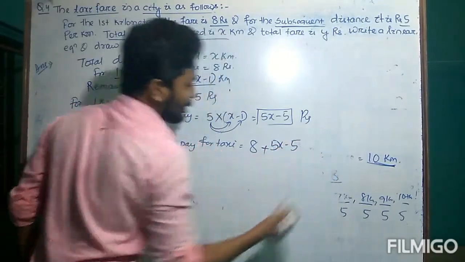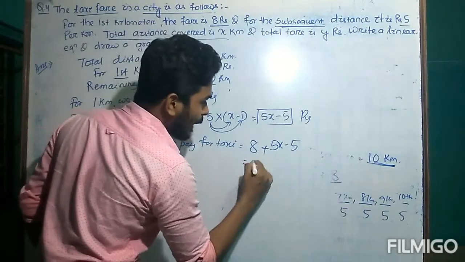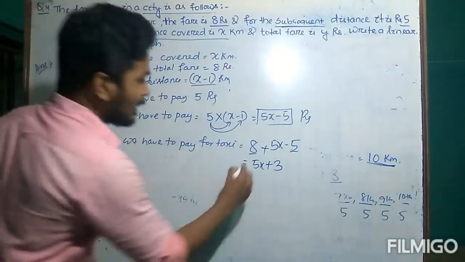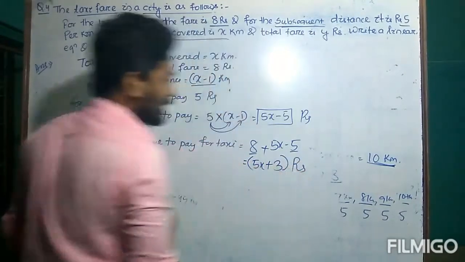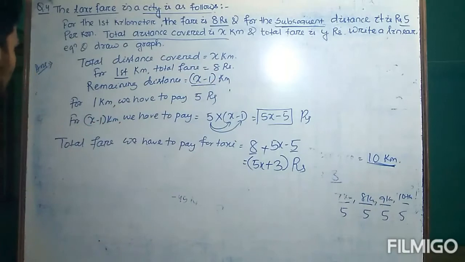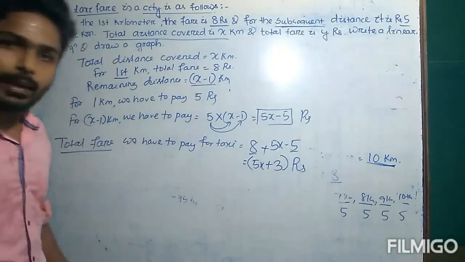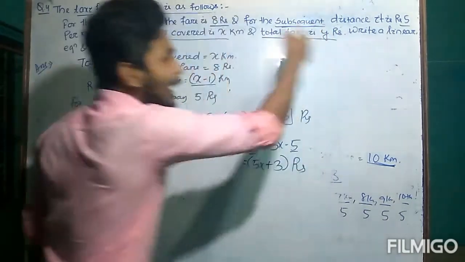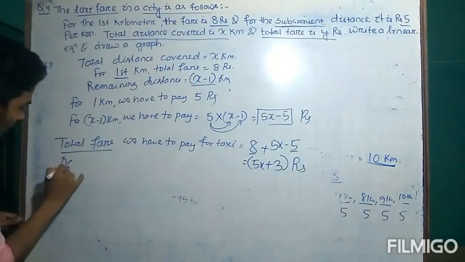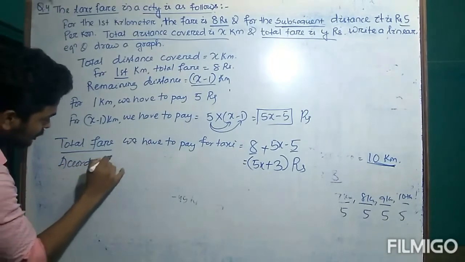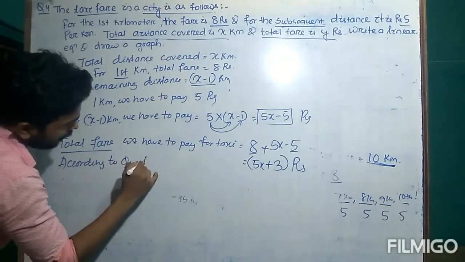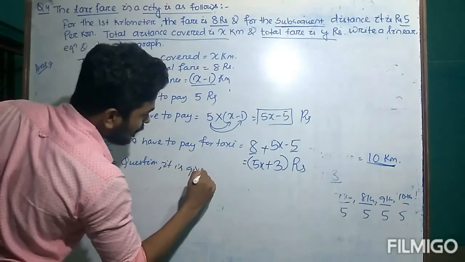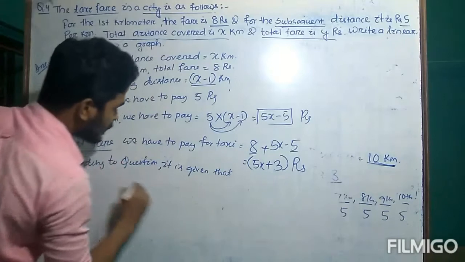So it will be 5x, and 8 minus 5 is 3. So you have to pay a total of 5x plus 3 rupees. This is the total fare. But according to the question, the total fare is y rupees. So according to the question, the total fare is how much?